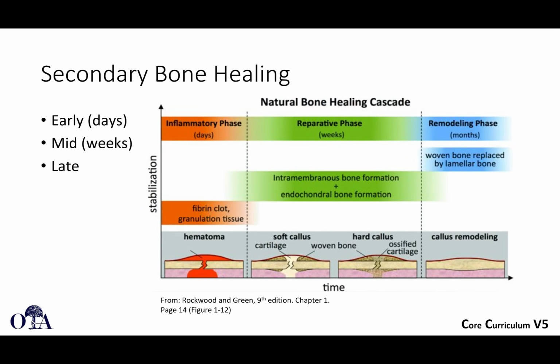And that's shown here. So the early phase, which is the first several days, there's an inflammatory phase where there's a fracture hematoma, there's a fibrin clot, there's granulation tissue, and then eventually that starts to go over several weeks into a soft callus.